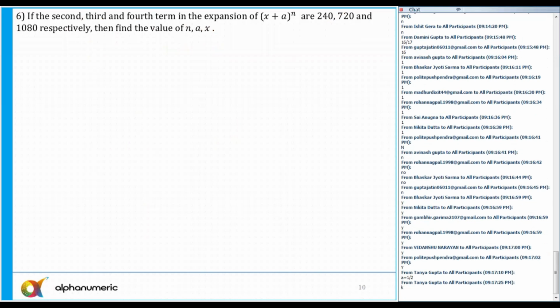Okay. If the second, third, and fourth term are 240, 720, and 1080 respectively, then find the value of n, a, and x.